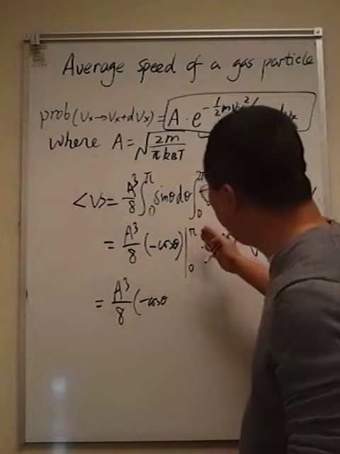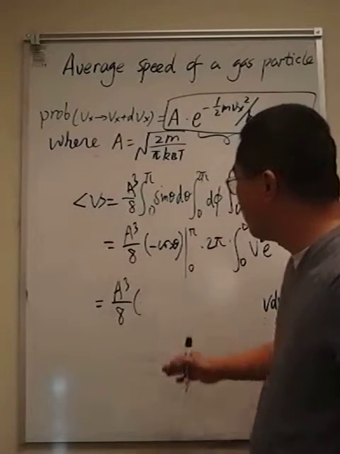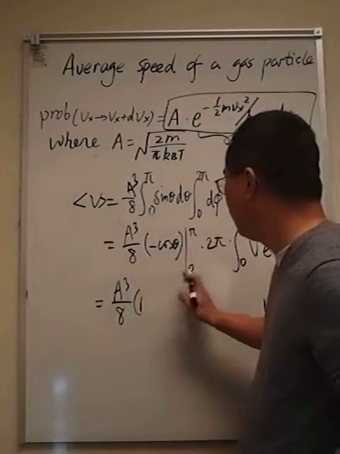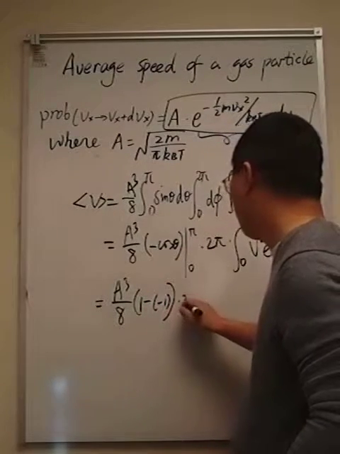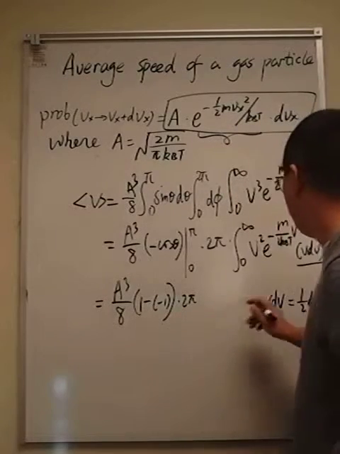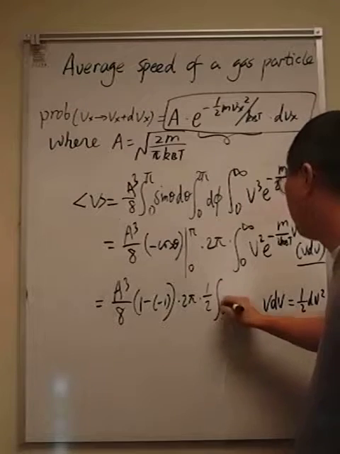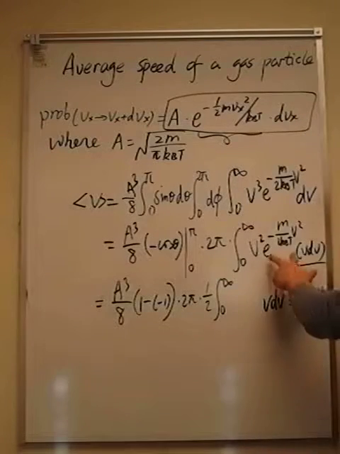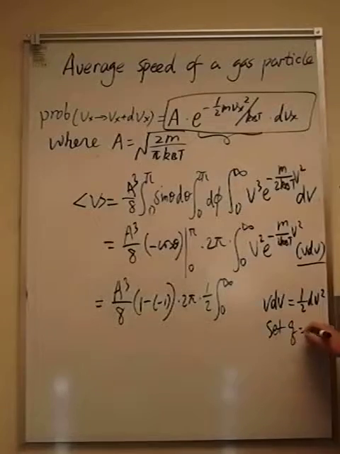well, over here we can plug in cosine pi and cosine 0 here. So cosine pi is -1, negative 1 is positive 1, cosine 0 is -1, so we have that. And over here there's a half, so I'm going to put a half here from 0 to infinity. And before we write out this function, we're going to set q equals v squared.